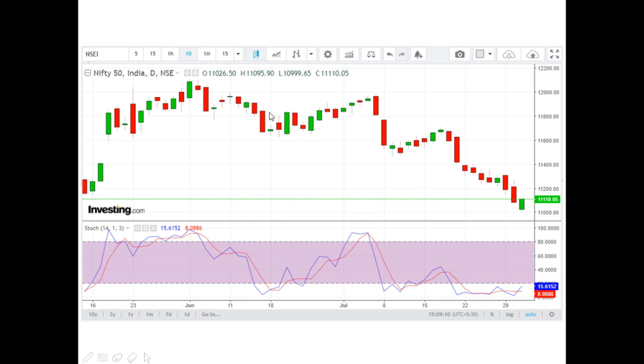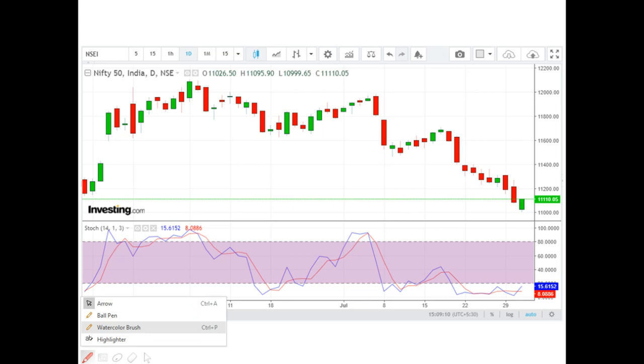This is the candlestick chart of the Nifty 50, and below this we have the stochastic oscillator. As we can see, it has its stochastic oscillator indicator, and here the shaded purple area is the neutral region, and the boundaries of it are the 20 mark and the 80 mark, and overall it ranges from 0 to 100 here.